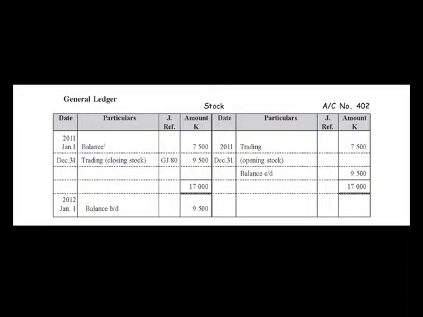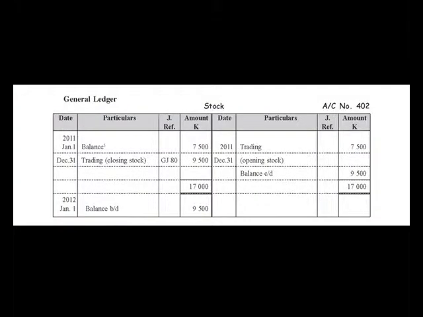Once you enter these transactions, still there is a balance of 9,500. Stock account carries a balance of 9,500 according to this. What does it mean? This stock will be carried forward to next year for sale.